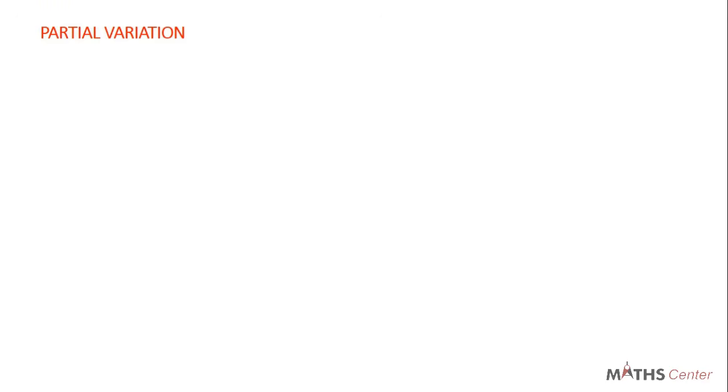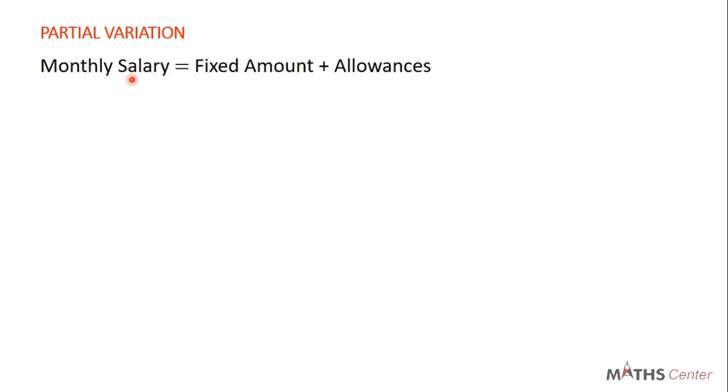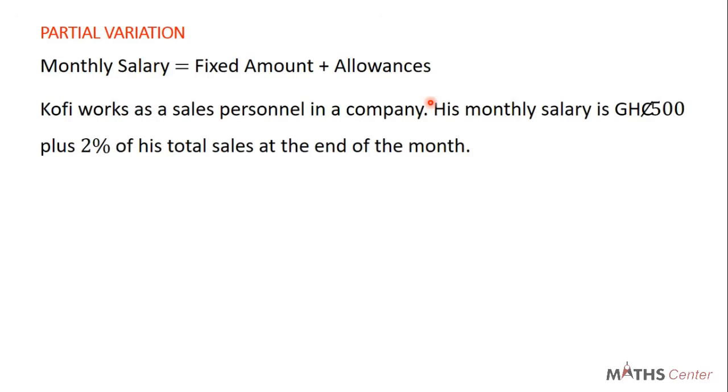So, partial variation. To help us understand partial variation, let's consider this example. For most workers, this is how their salary is being calculated. So their monthly salary is equal to a fixed amount plus allowances or bonuses. An example is this. Kofi works as a salesperson in a company.